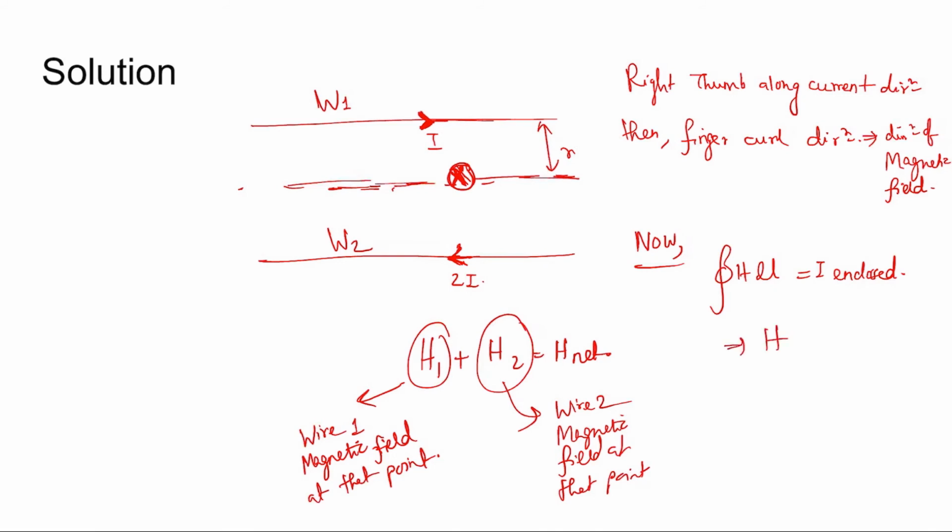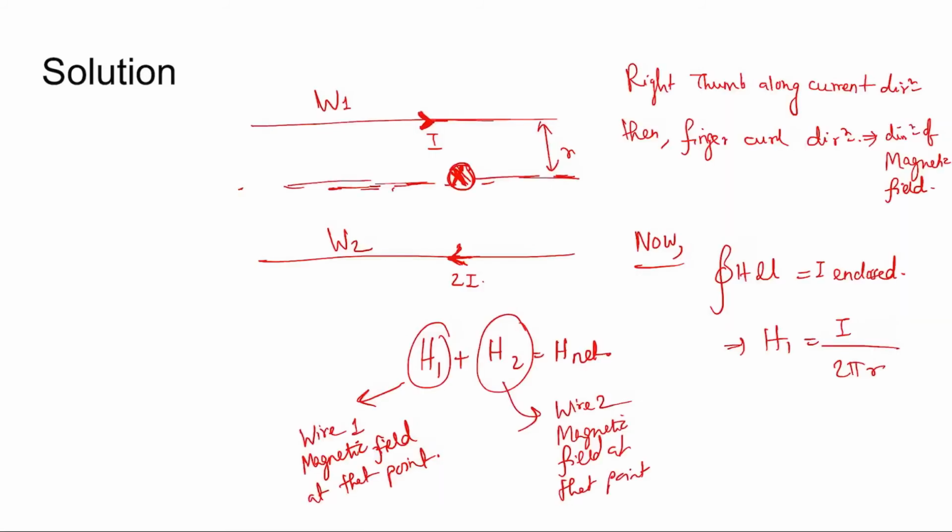Now H1 is I by 2 pi r, since the distance is r, and H2 is 2I divided by 2 pi into 3r, since this distance is 3r, and hence H net equal to I by 2 pi r plus 2I divided by 2 pi into 3r.